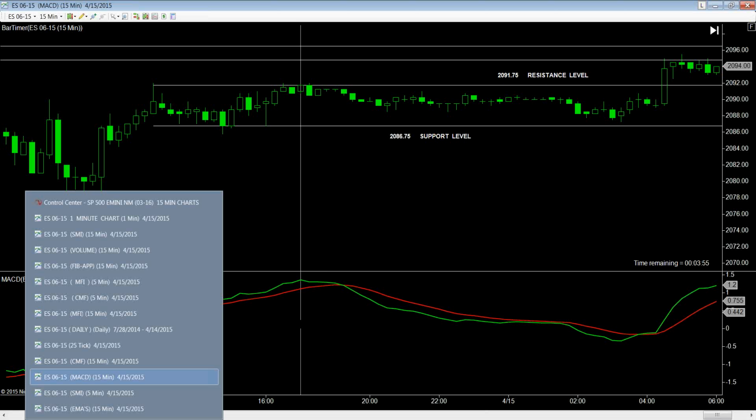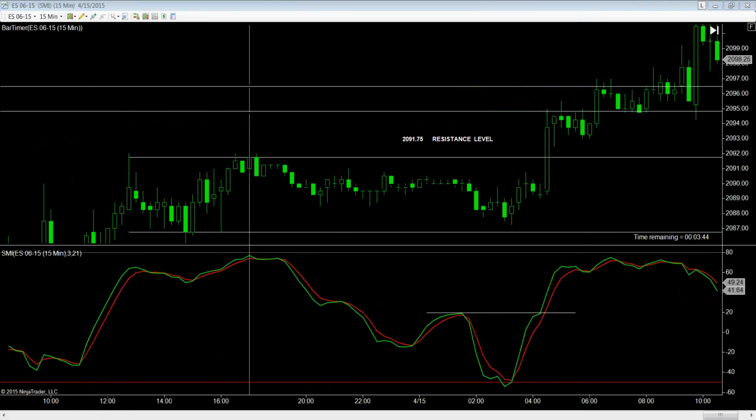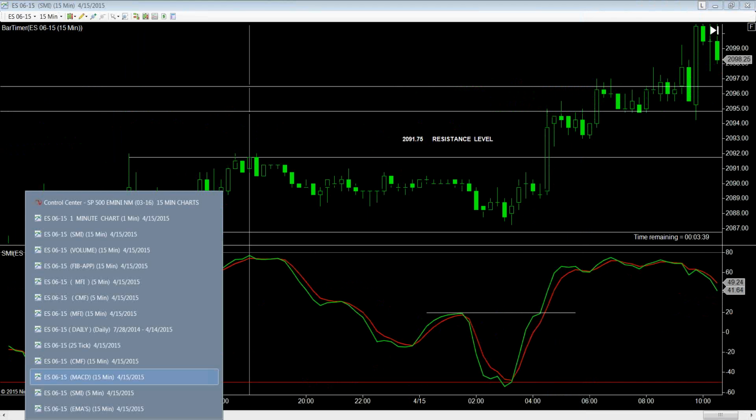What's that level on the 1-minute chart? So let's get to that and take a look. Remember this, people, it's 2091.75. I'll get that on the fourth screen. And let's take a look at the 1-minute chart.